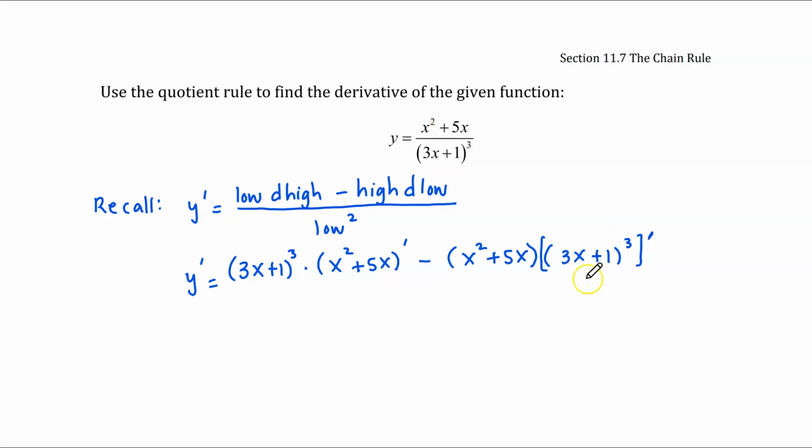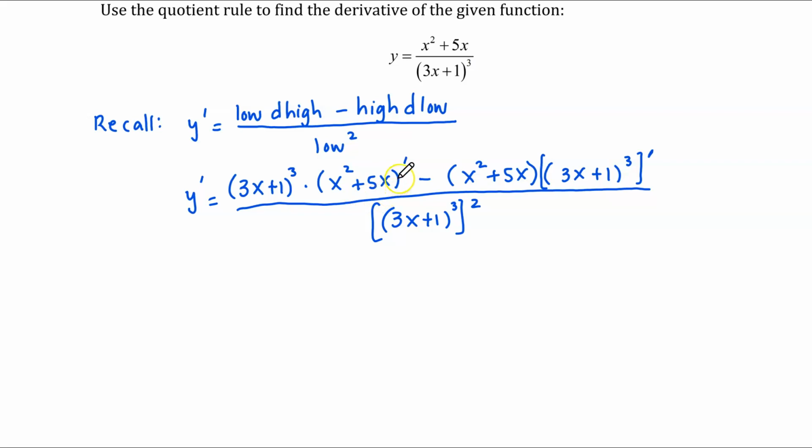So the whole thing is, you differentiate the whole thing, divided by the square of the denominator, (3x plus 1) cubed, and then you square that.